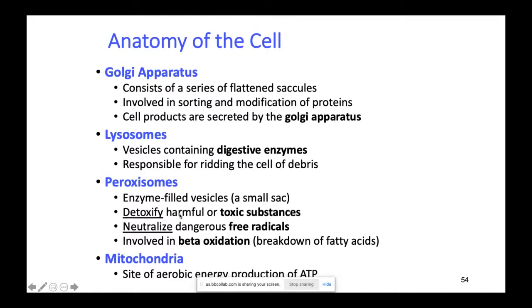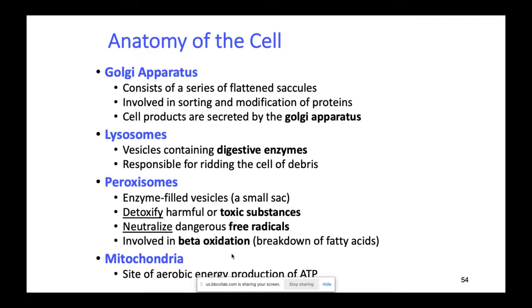Peroxisomes are vesicles that are designed to detoxify harmful or toxic substances. So peroxisomes are found throughout the kidneys and the liver because those are the organs that detoxify, especially alcohol and drugs, anything harmful to the body. Peroxisomes are utilized to detoxify those, and free radicals, also known as reactive oxygen species, abbreviated ROS.